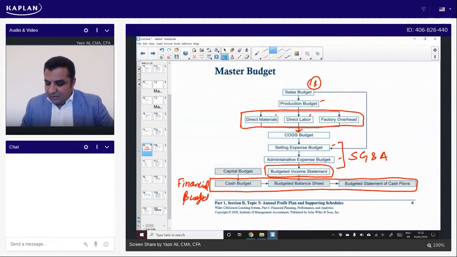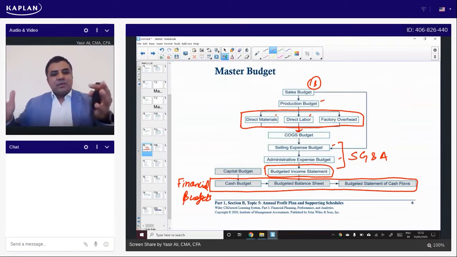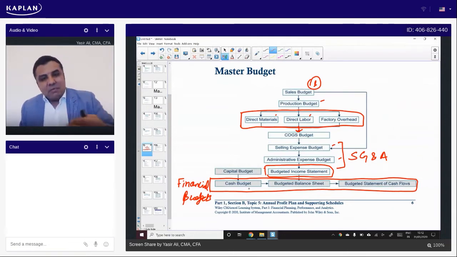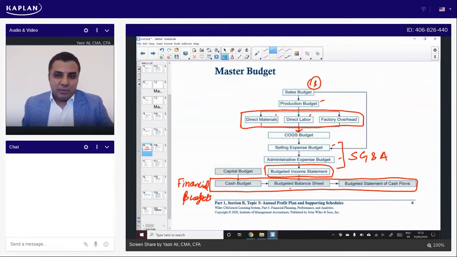Now, if we look at this big picture, capital budget is a line item in the cash budget, right? When the time comes, we will talk about the cash budget. The cash budget, or rather its ending cash balance, is an input in the budgeted balance sheet preparation.